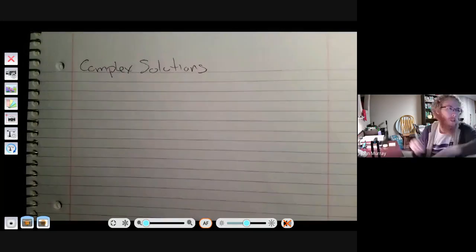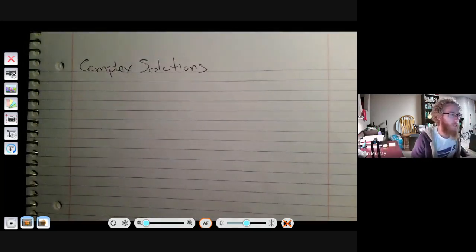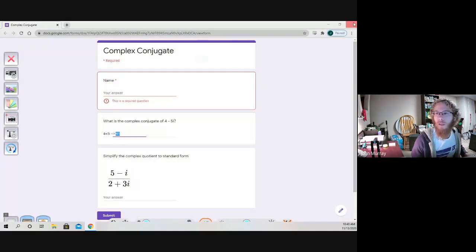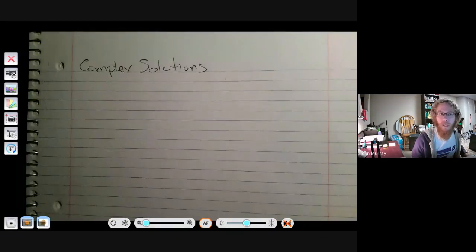So, like I said at the beginning of this, some of our quadratics, as you know, a quadratic has the second degree. So by definition, it is going to have two solutions.